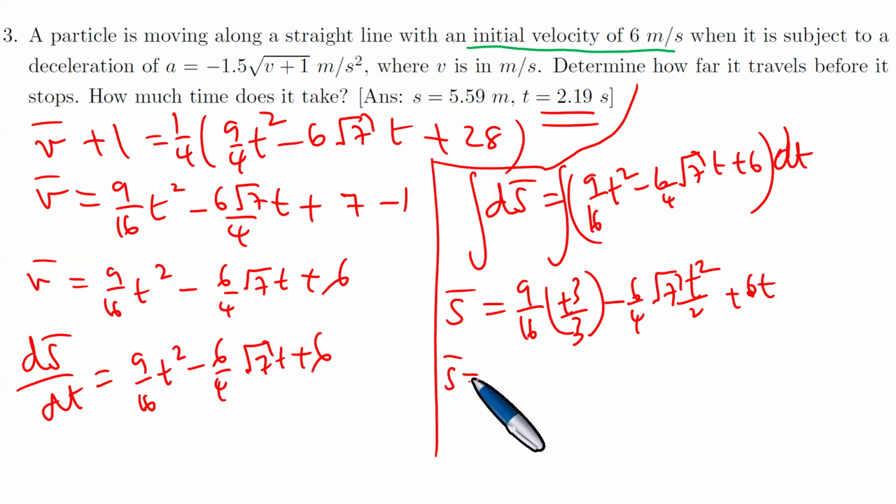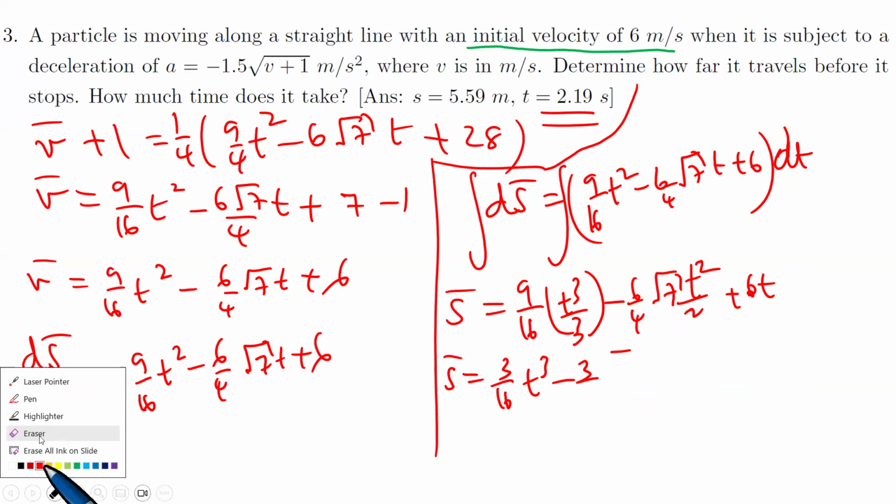So now we're going to do this, and we're going to divide by 3, because 3 times into 9. 3 over 16 t cubed. Then 3 over 2, and there's another 2 here, so then it's 3 over 4. Check this out.